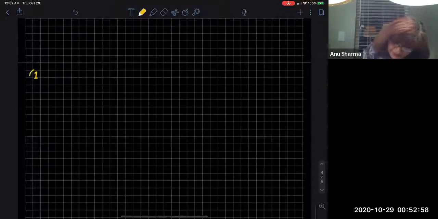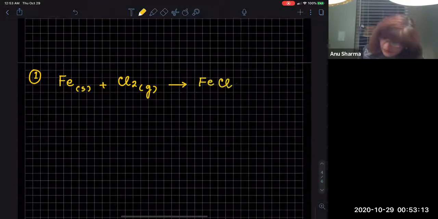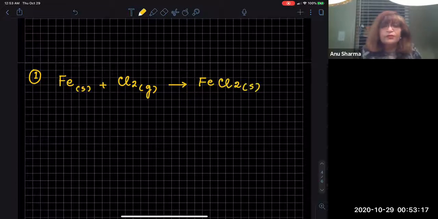One example, here you have iron, and this iron as a solid is reacting with chlorine, Cl2, as a gas. Okay, and this is giving you FeCl2, and this is a solid. Okay, so the question is, identify which of the elements got oxidized and which one got reduced.